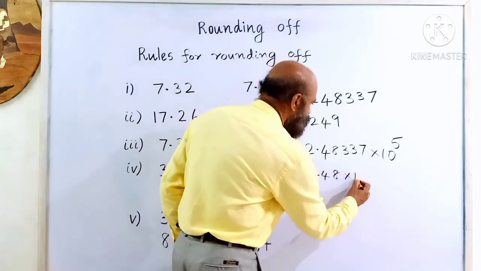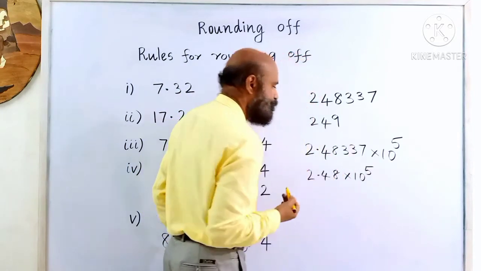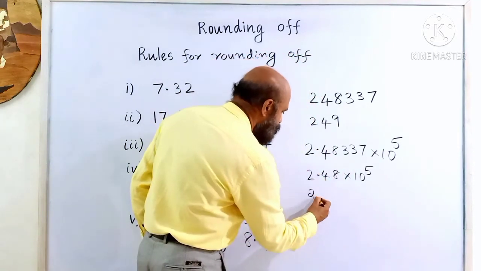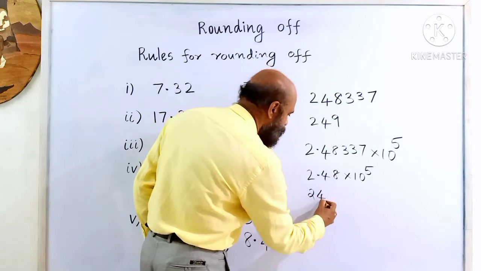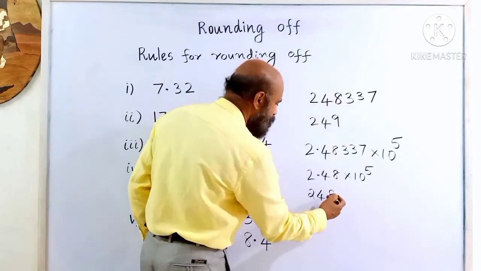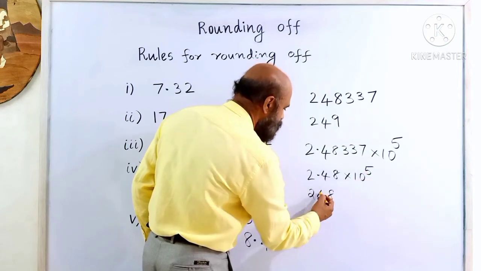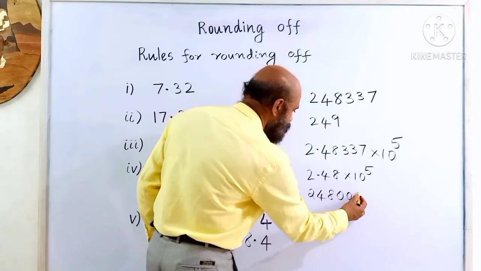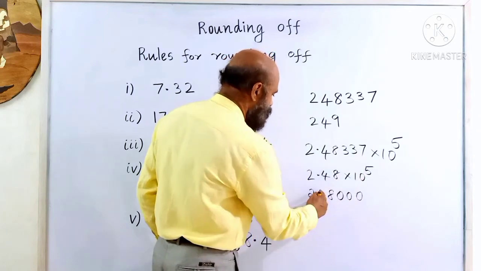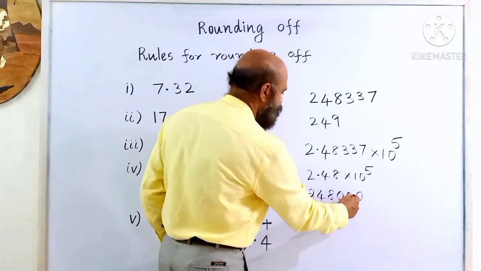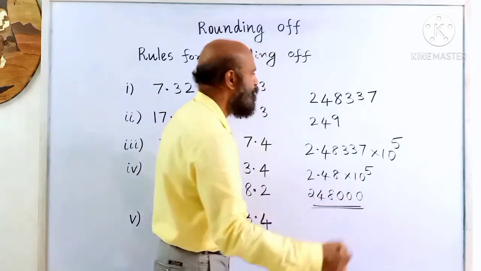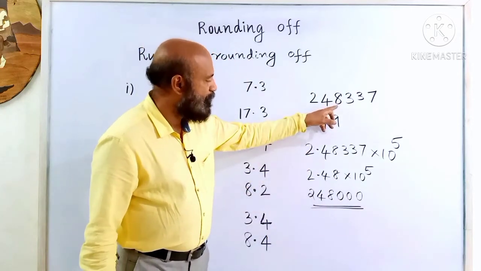So into 10 raised to 5. So now you can come back to the original form, 10 raised to 5, 1, 2, 3, 4, 5. So when you round it off to 3 digits, it will become like this.